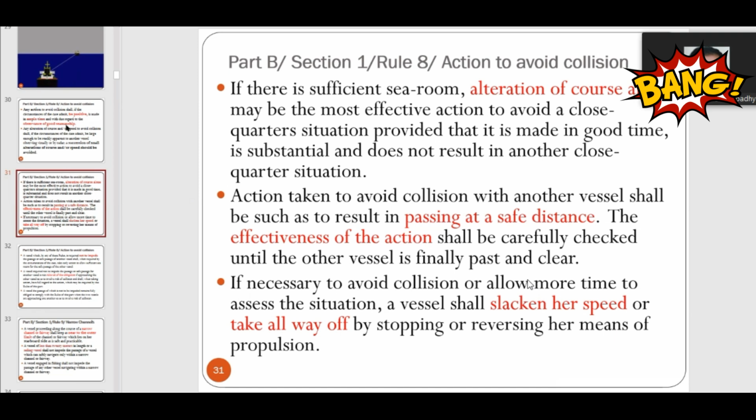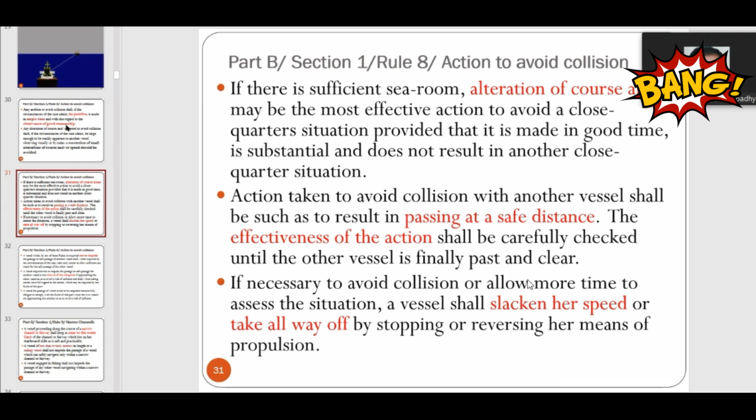So when you're observing the situation, the moment you start determining the risk of collision, the rule clearly states that you use the radar to determine the risk of collision much before. At the moment there may not be any traffic.